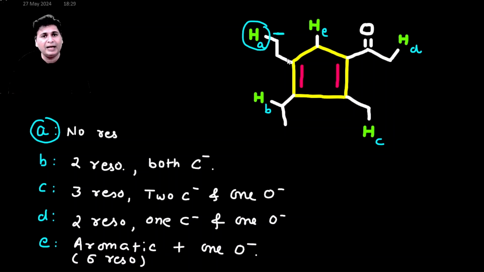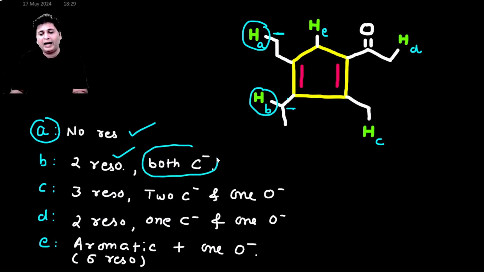Minus single single is no conjugation, so there is no resonance stabilization. So you see it is coming with a demerit, the delocalization is not present. Now if you remove B hydrogen, the minus came here and it was in conjugation, minus single double. So you saw the 2 resonating structures.